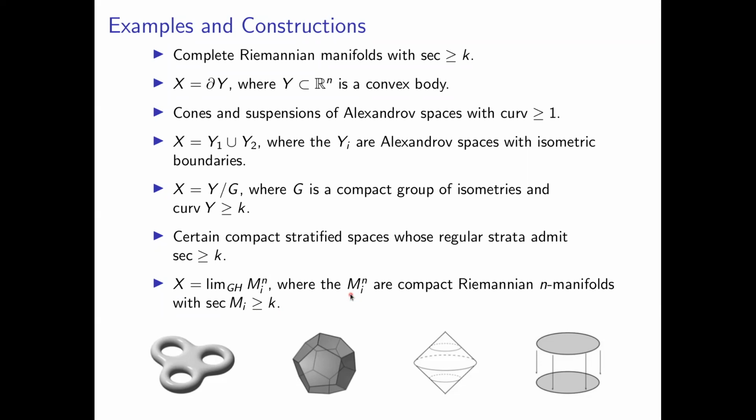Basically, you put a topology on that space, and then what this says is that if your sequence of metric spaces consists of Riemannian manifolds of dimension n with a uniform lower curvature bound, then the limit is an Alexandrov space with the same lower curvature bound as the elements of the sequence. Now here one can show that the dimension of the limit does not go up. It has to be at most n, but it can go down, and that is what is known as collapse.